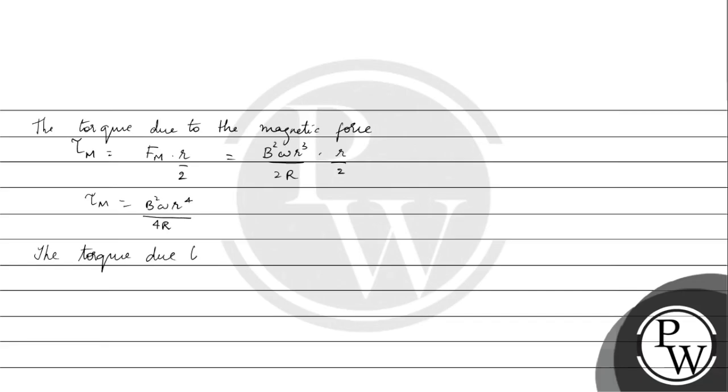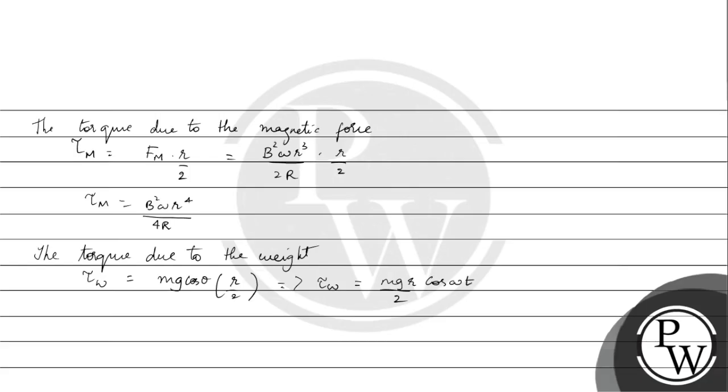अभी हम देखेंगे the torque due to the weight. So tau W will be mg cos theta into R by 2. तो अगर थीटा को हम omega t लिखेंगे, so we will get the torque due to the weight to be mgR by 2 into cos omega t.